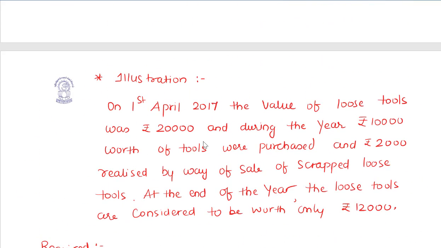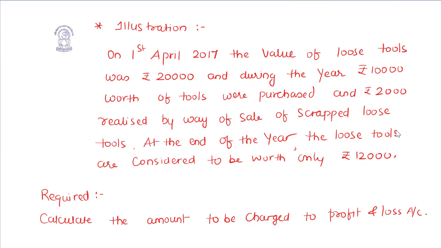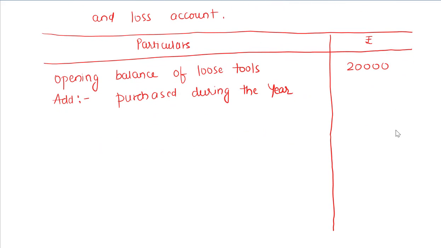Opening balance of loose tools is 20,000, purchased during the year is 10,000 and 2,000 realized by way of sale. Less, sale of scrapped loose tools, 2,000.